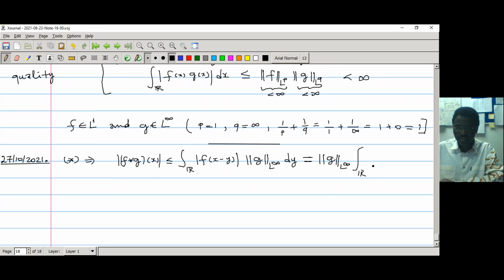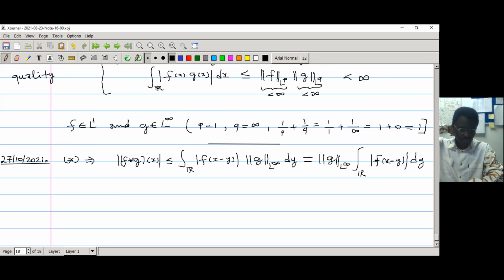Integral dy, because this is a function of x. This depends on x, right? So that is what we have at this level.